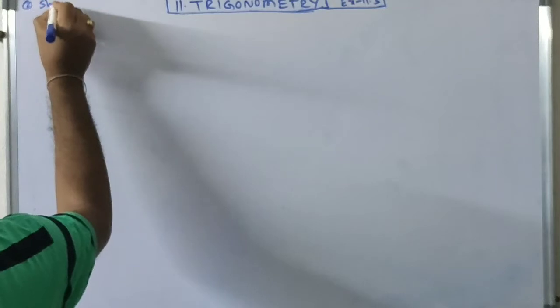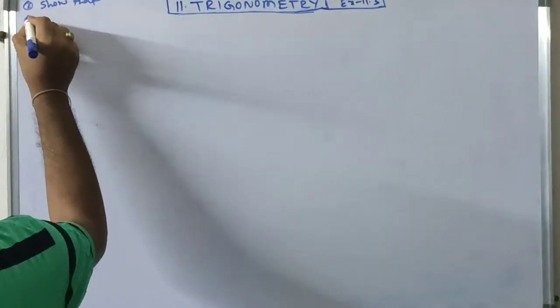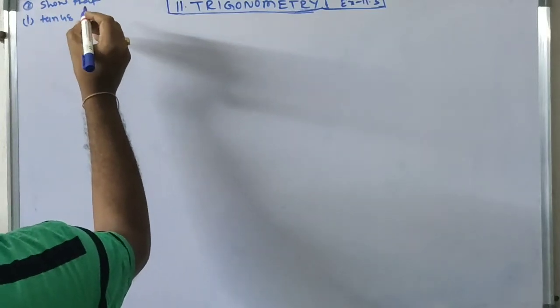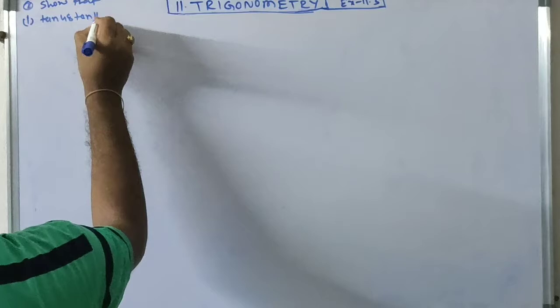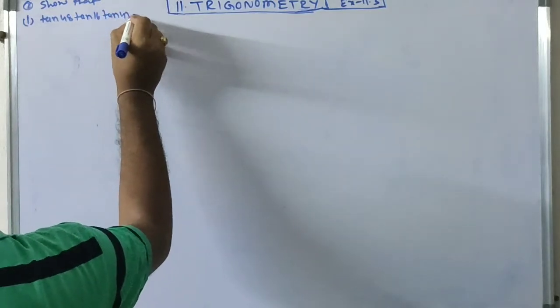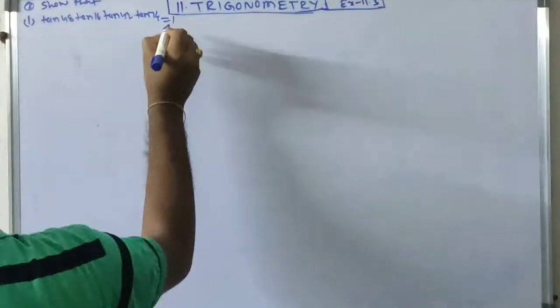Second question. First one: prove that tan 48 tan 16 tan 42 tan 74 equals 1.